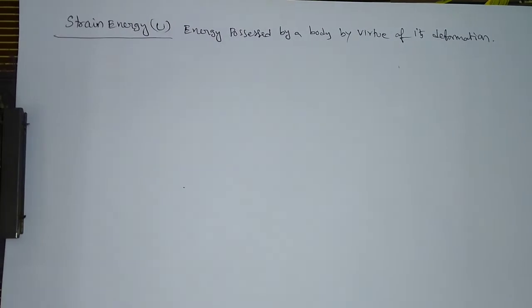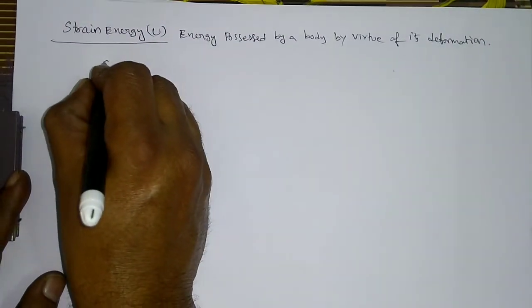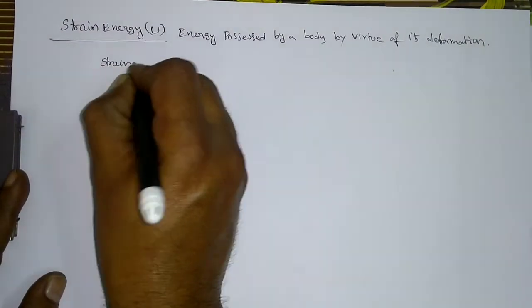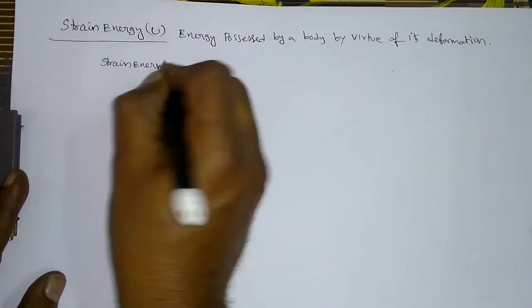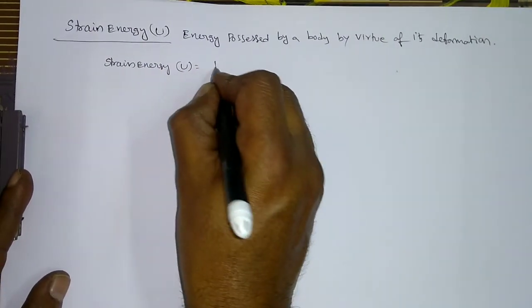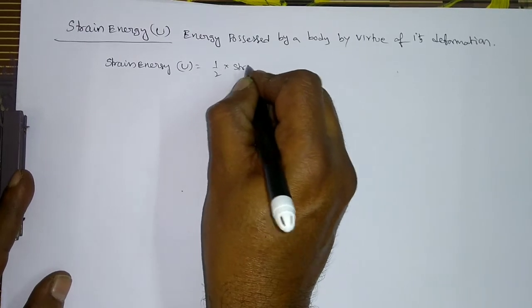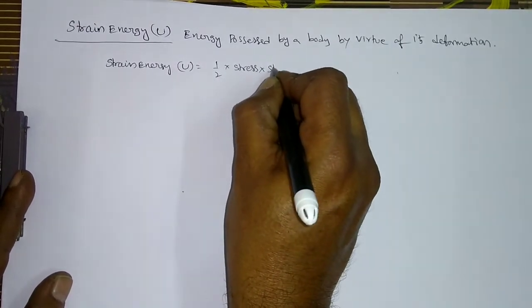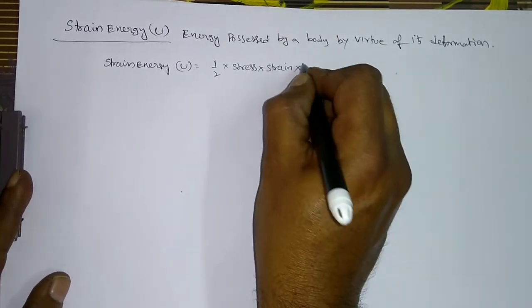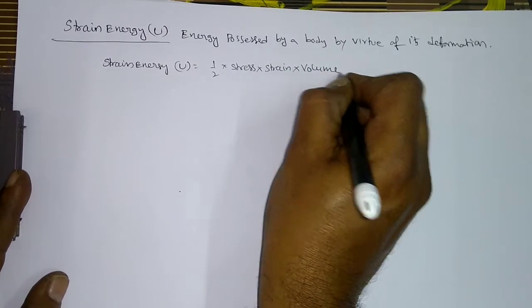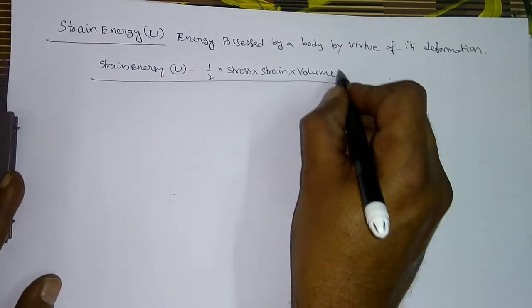Mathematically, strain energy U is equal to half into stress into strain into volume. This is the general formula for the strain energy.